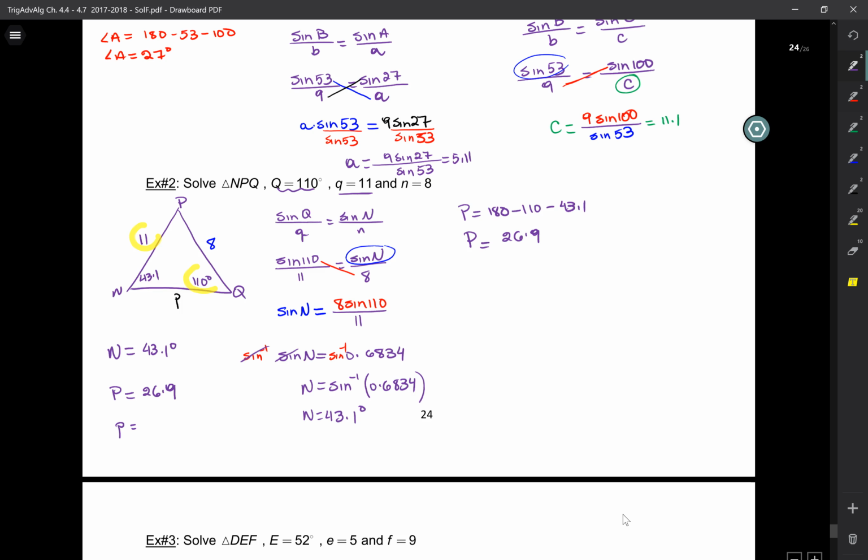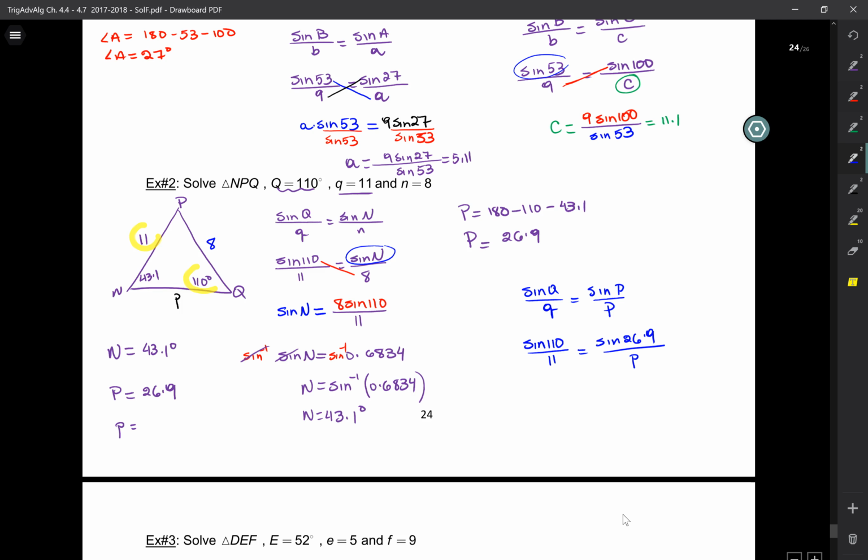Okay, so I'm done with that one. All right, now I need to find little p. For little p, I'm going to do law of sines again. So it's going to be sine of q over q is equal to sine of p over p. So this is going to be sine of 110 over 11 is equal to sine of 26.9 over little p.